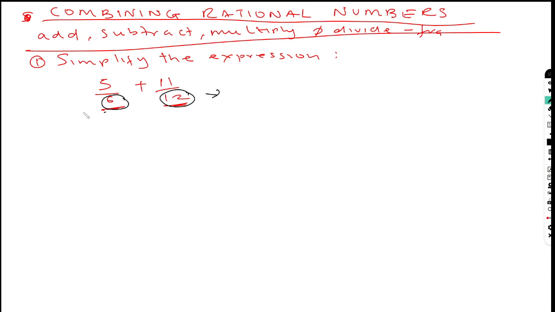So let's say 5 over 6 plus 11 over 12. So this one has a shared denominator. I think 12 is a shared denominator because 2 times 6 is 12 and 12 times 1 is 12, so they have a shared denominator.